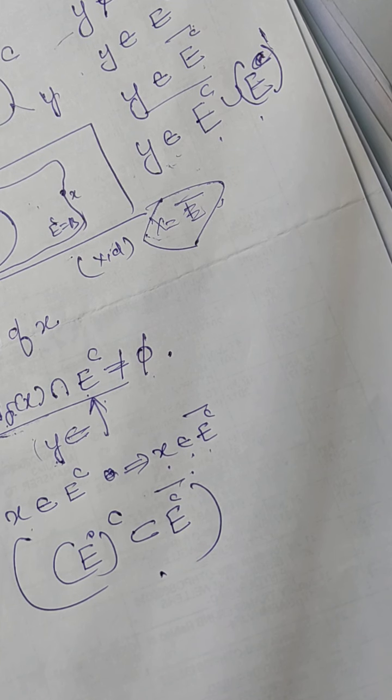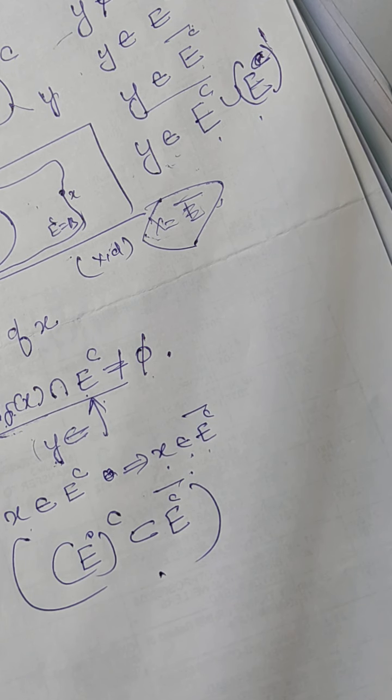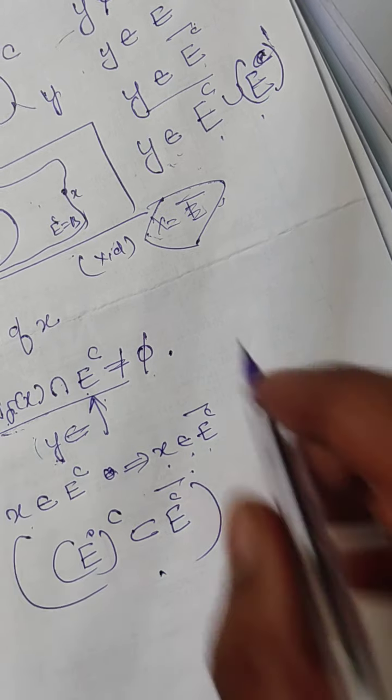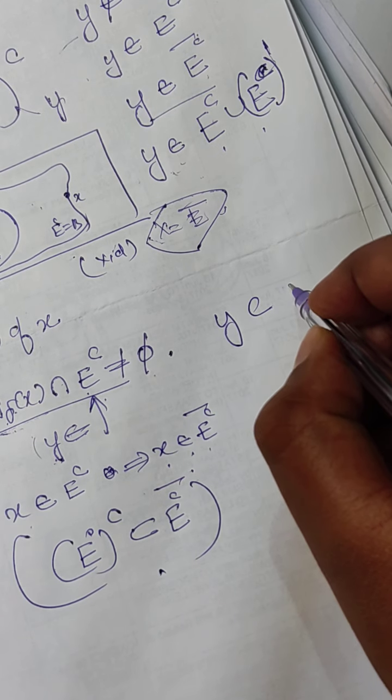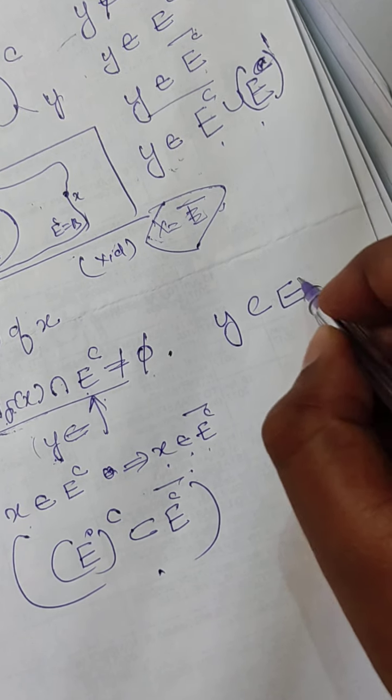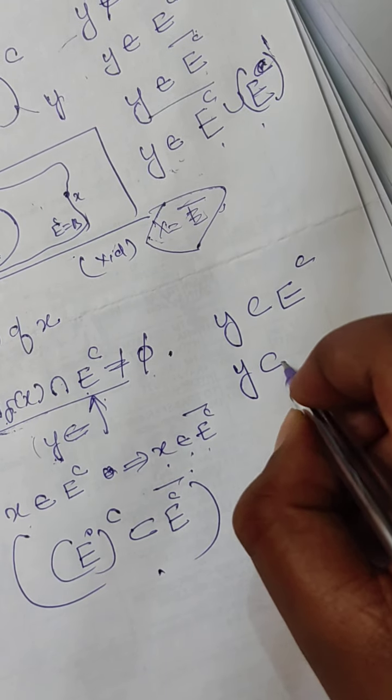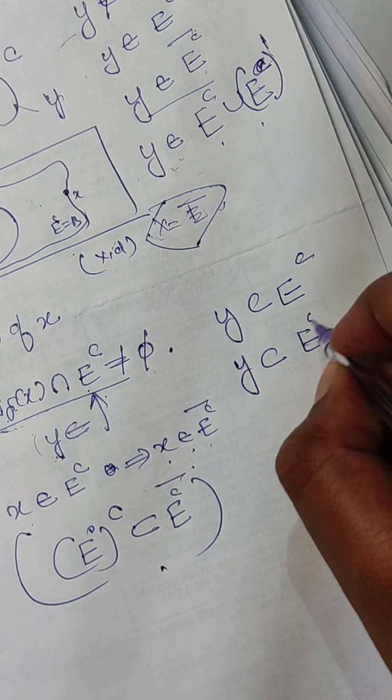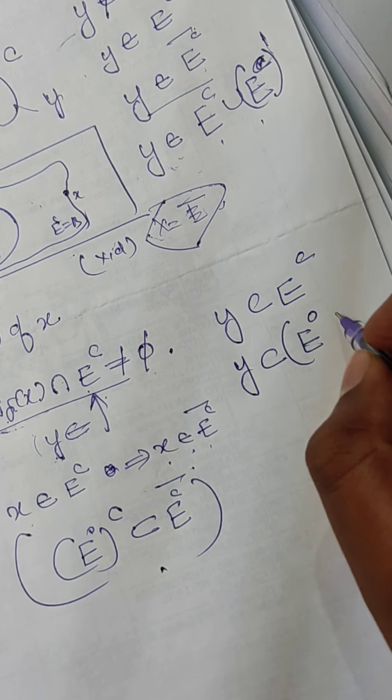Y is a limit point of E complement closure, and from that we can imply that E interior is a subset of E interior complement. Since Y is a subset of E complement, we get that Y is a subset of E interior complement.